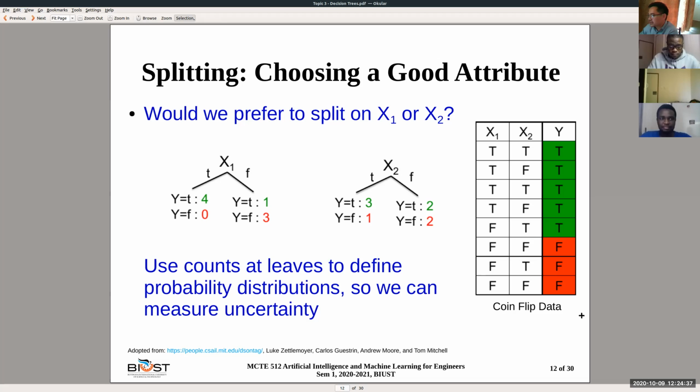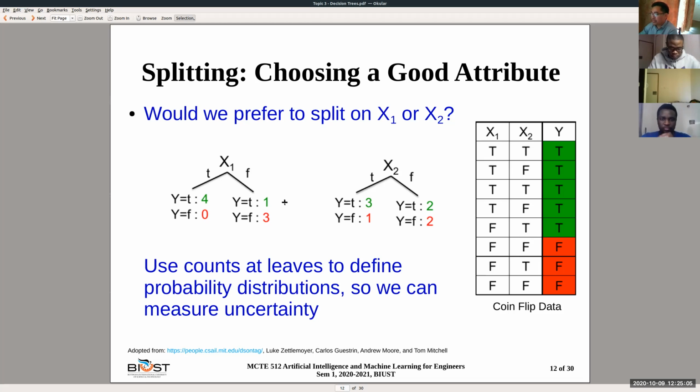For example, this is the table that is given to us for coin flip data, and we want to build a decision tree out of it. So where do you want to split first? Do we make x1 our first layer, or x2 our first layer? That is what we call splitting. Splitting means making a decision at a certain layer.